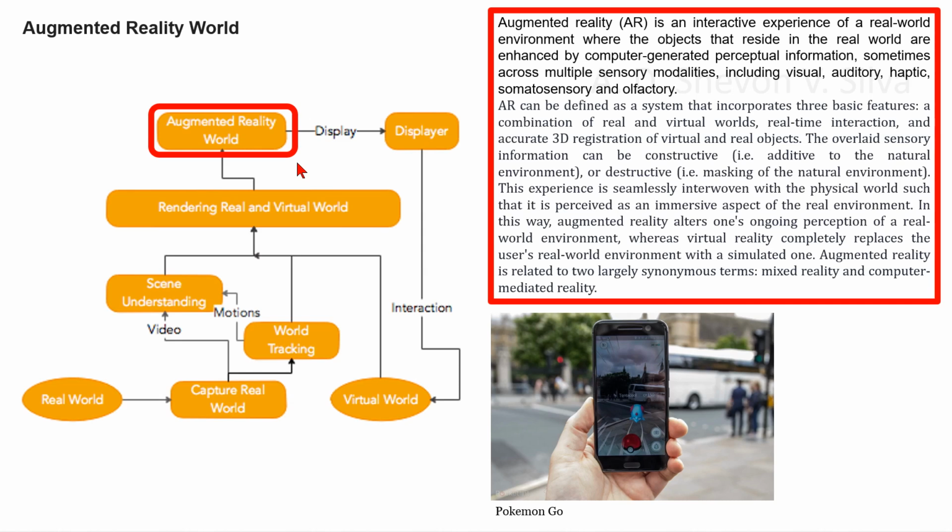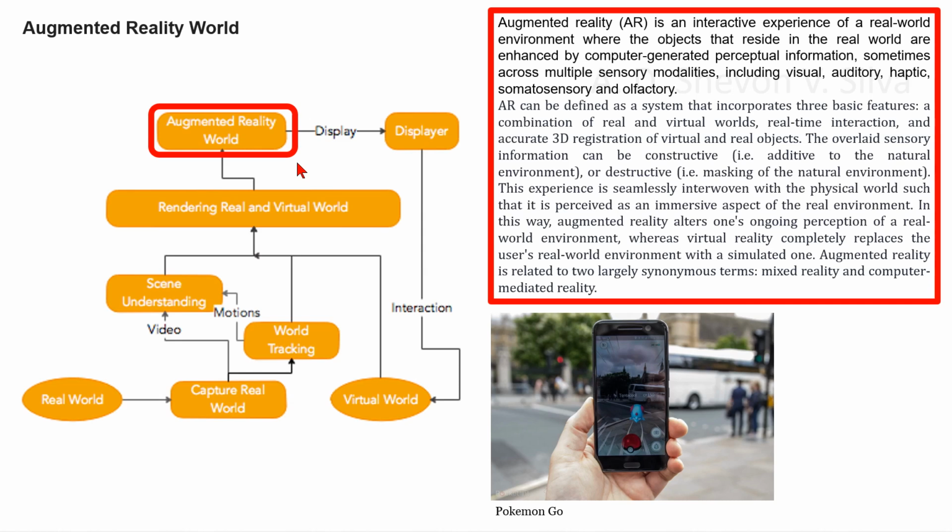The overlaid sensory information can be constructive, that is, additive to the natural environment, or destructive, that is, masking of the natural environment. This experience is seamlessly interwoven with the physical world such that it is perceived as an immersive aspect of the real environment.